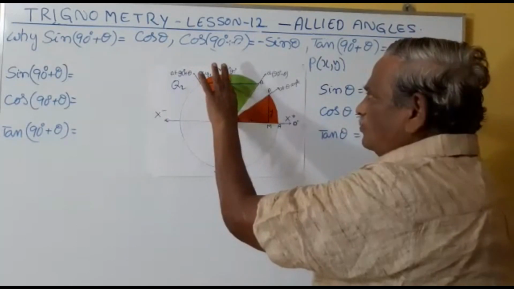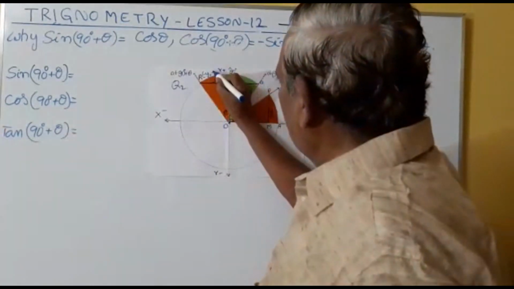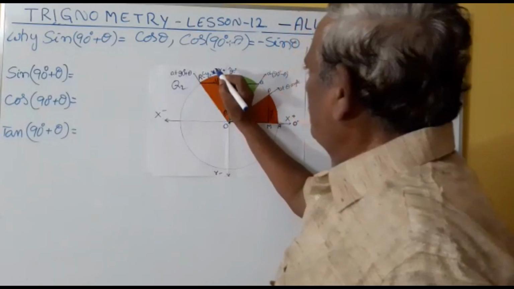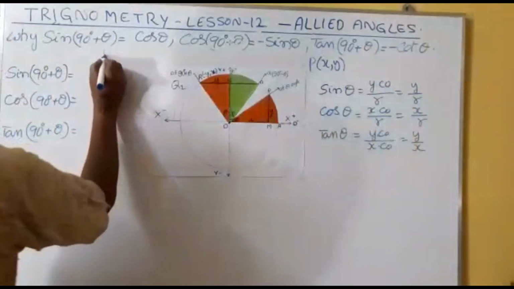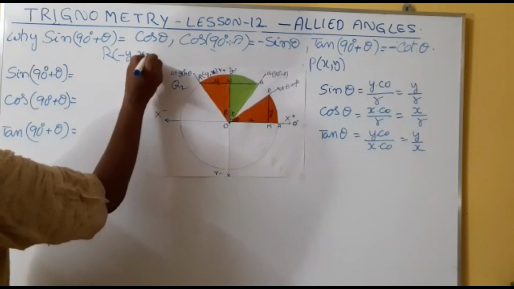In the second quadrant, ON is positive, so the y coordinate is positive. Therefore, the coordinates of R are minus y, comma x.